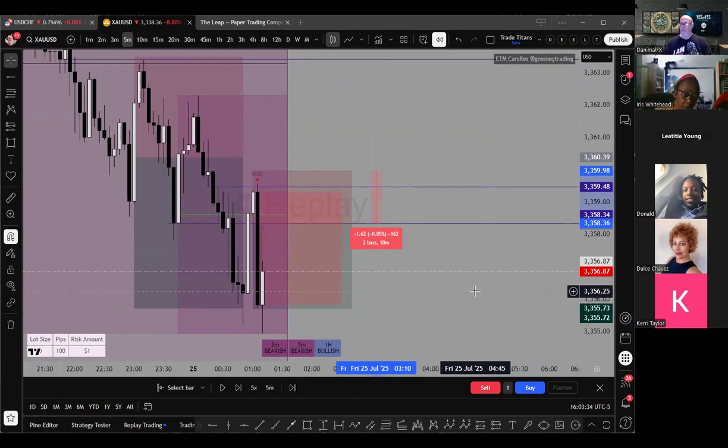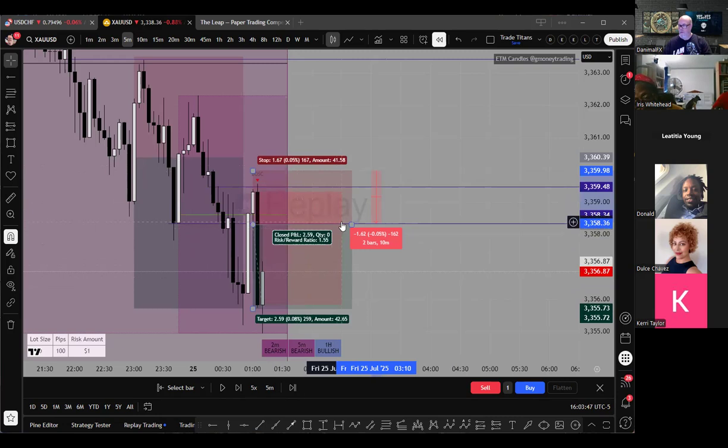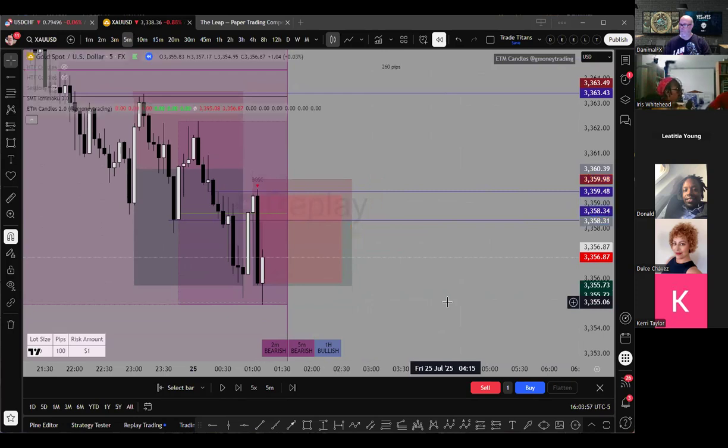Even with proper risk management, my stop loss, no matter what, is based on your percentage of risk. So I'm risking on a $100 account 1%, which is $10, in hopes of making $20. And that's why risk management is so key.